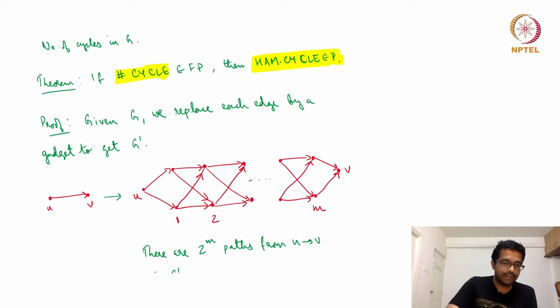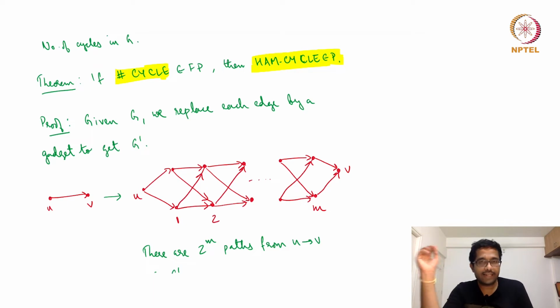The main idea is, we will use a gadget. Given a graph G, we want to count the number of cycles of G. What we will do is replace each edge of G with a gadget such that any cycle in G becomes a lot of cycles in G prime. So we'll transform G to G prime using this gadget.